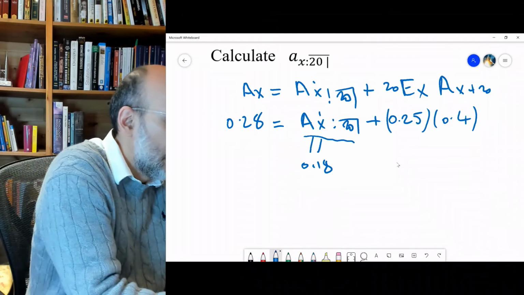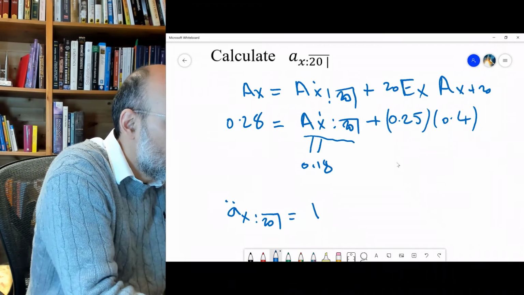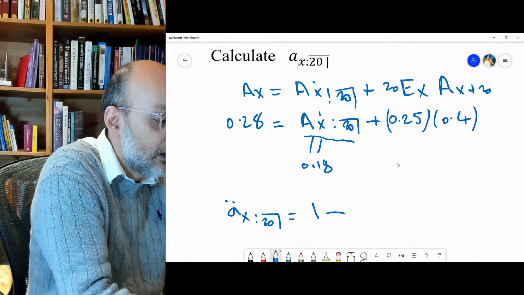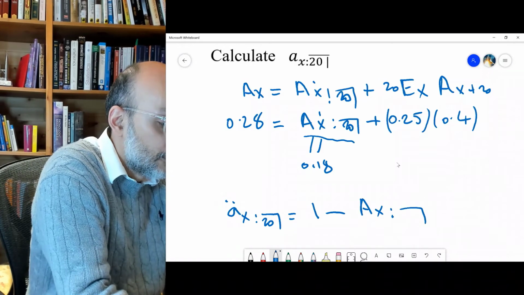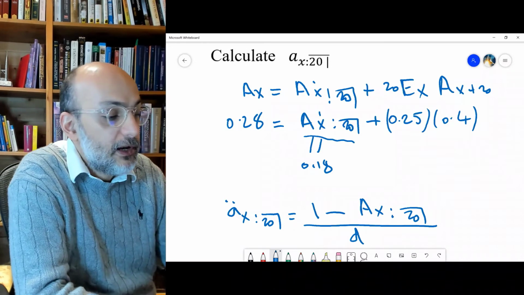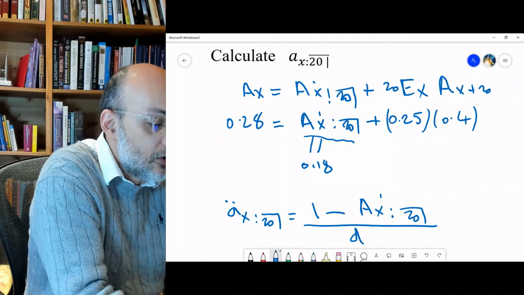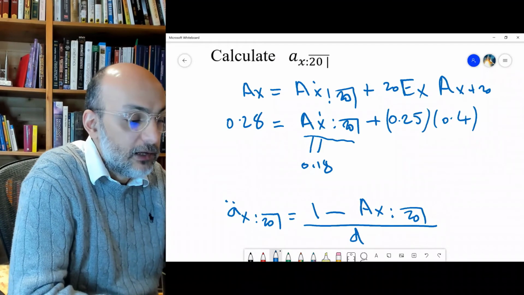It's easy. The annuity X for 20, 1 minus, and we need to be very careful here, AX20 divided by D. I want you to be very careful because there is no 1 here, right?